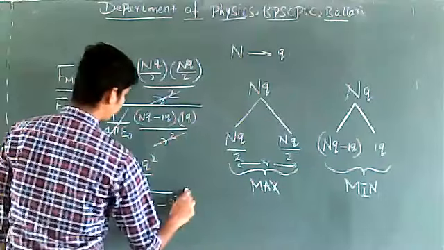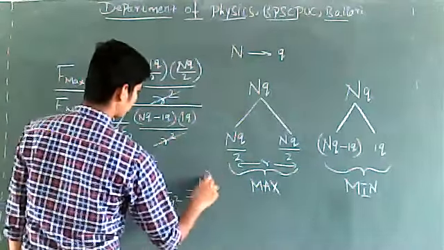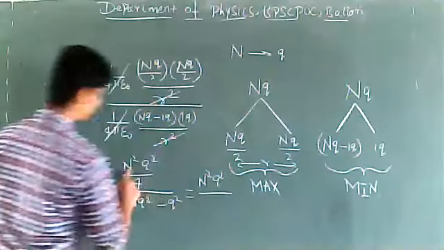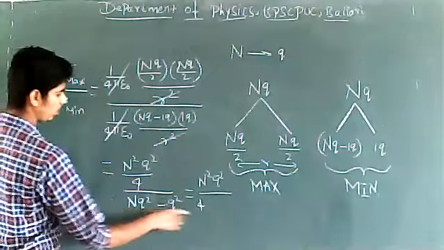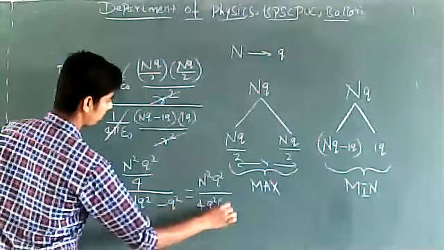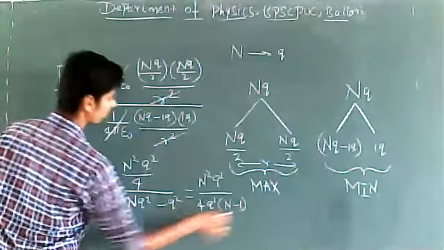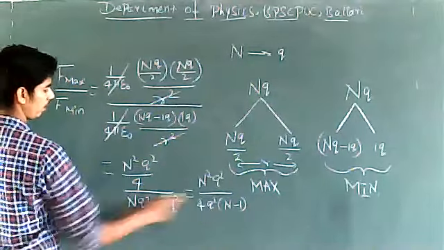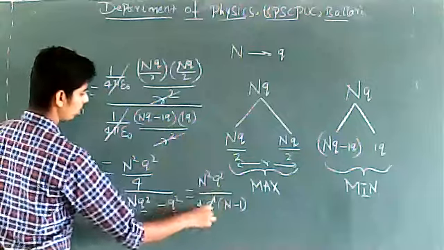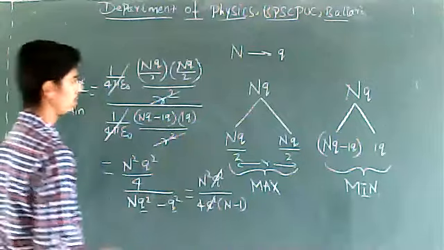So this can be written as n square q square divided by 4 into q square common, left with n minus 1. Q square is the common factor, and Q square and Q square get cancelled out.